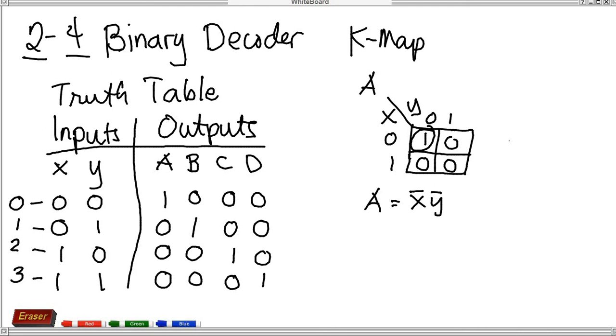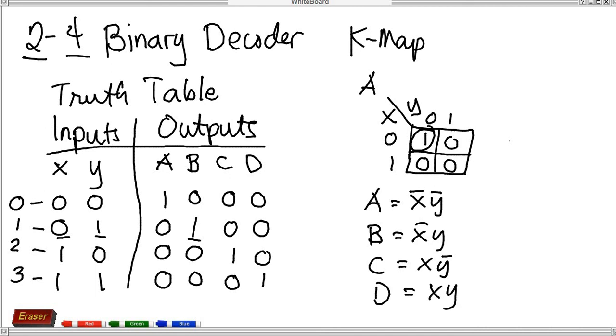Your b here is 1 at x bar and y, so therefore your b is x bar and y. For your c, the equation is x and y bar, and for your d, you have x and y. So these are now the equations of your outputs a, b, c, and d.